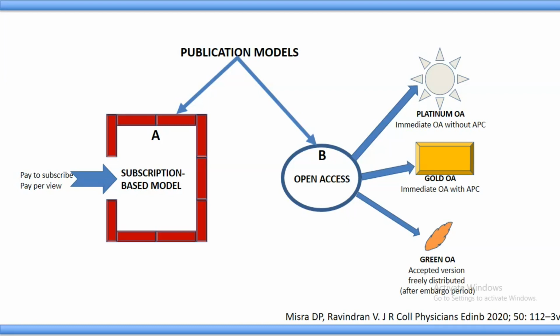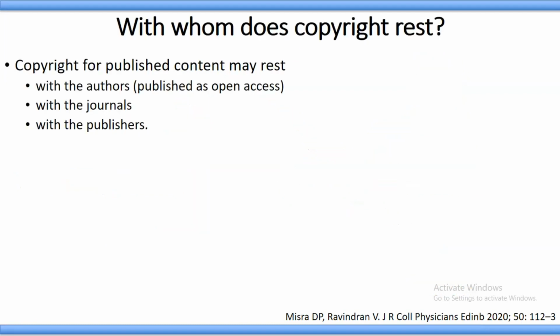Green open access is when the article is published in a subscription-based model, but the accepted version, not the final PDF, can be freely distributed after a certain embargo period, say 6 months or 1 year later. You can post the accepted version of the manuscript anywhere you like and share it with anyone you like.